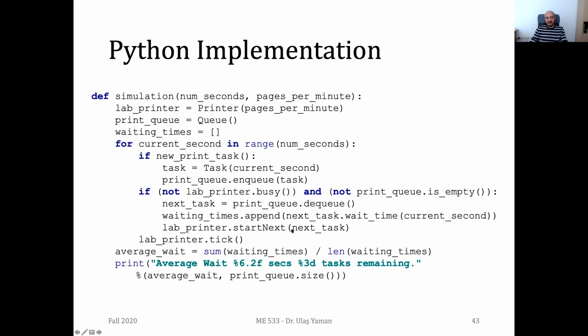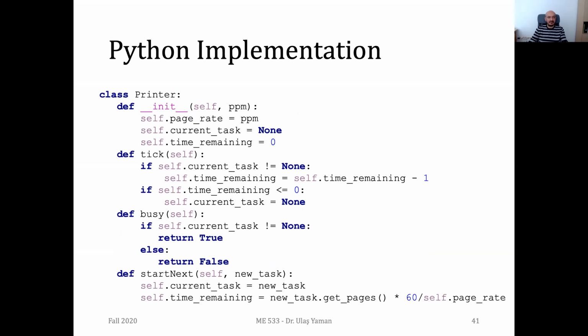And then after you assign a task to the printer, at each second, you need to tick, which means that a second has passed, and you need to update some values with the help of the tick operation here. So we are decreasing 1 second from the time remaining, since this time remaining has already been calculated with the help of the start next operation.